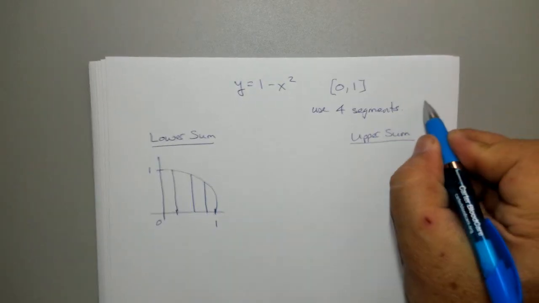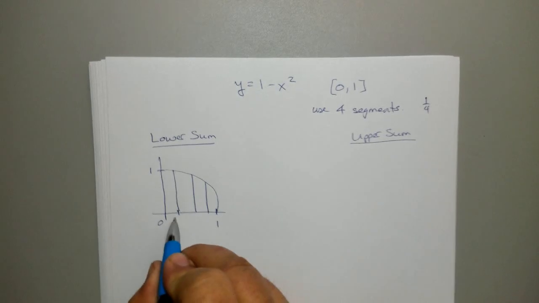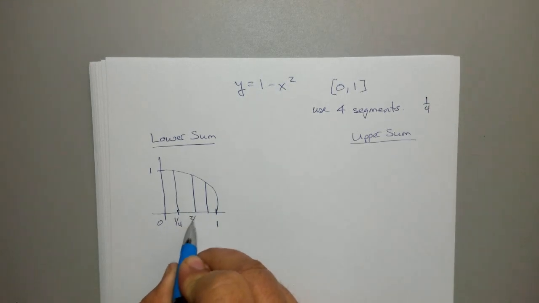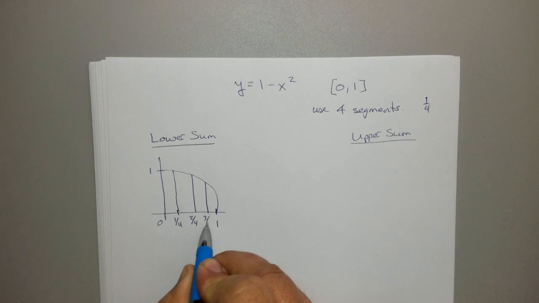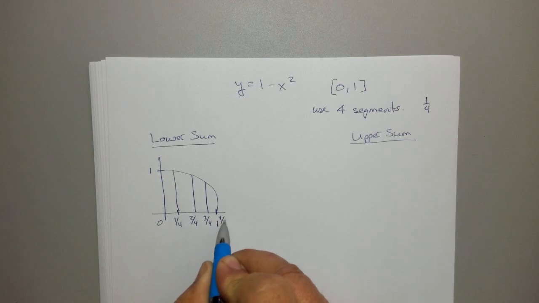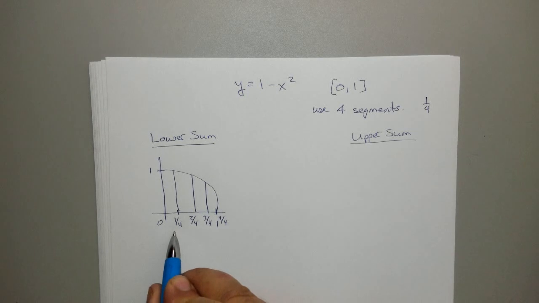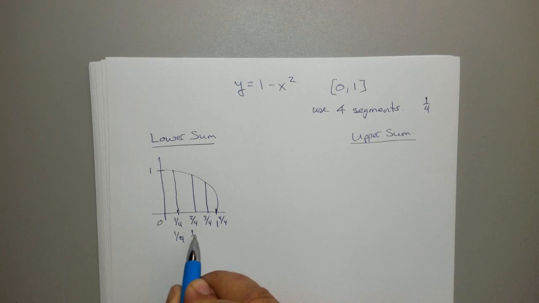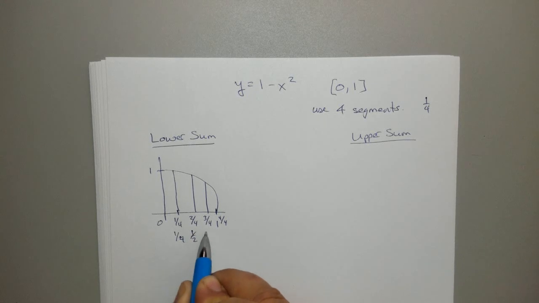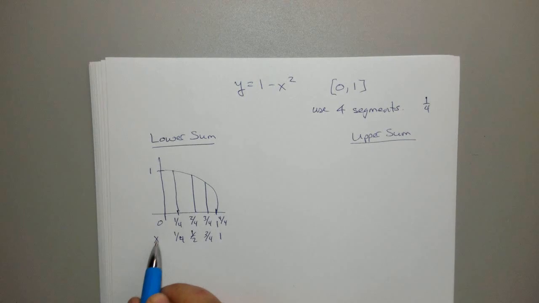So 1 divided by 4 makes this 1/4, 2/4, 3/4, and 4/4. 2 over 4 is 1/2. So these are my input values. These are my x's.